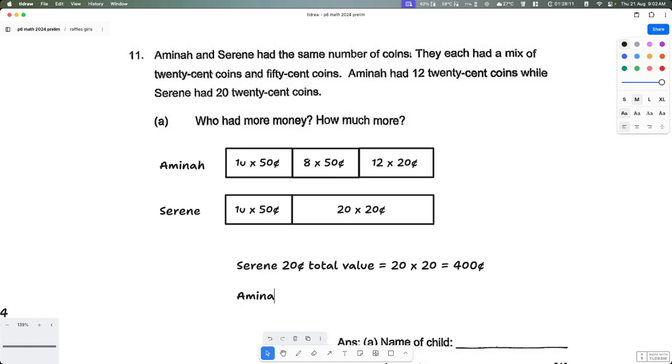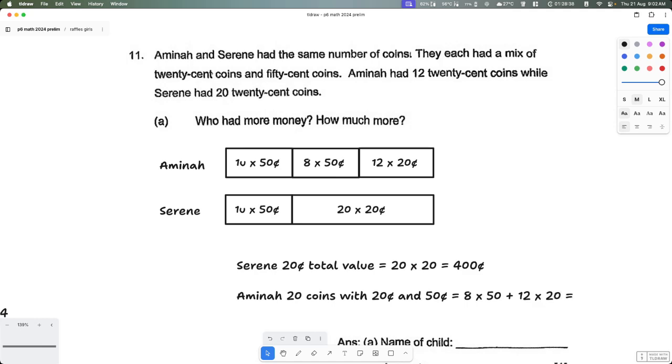So Amina, 20 coins, a mix of 20 cent and 50 cent coins, is equal to 8 times 50 plus 12 times 20.